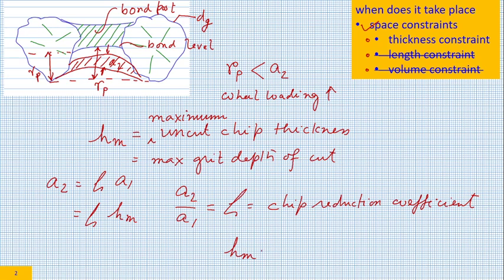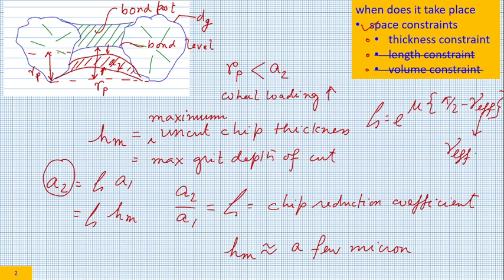Already we have calculated HM. HM is typically a few micron. Then how much is A2 going to be? Now zeta can be estimated roughly by this equation, and gamma effective is minus 60 degree.